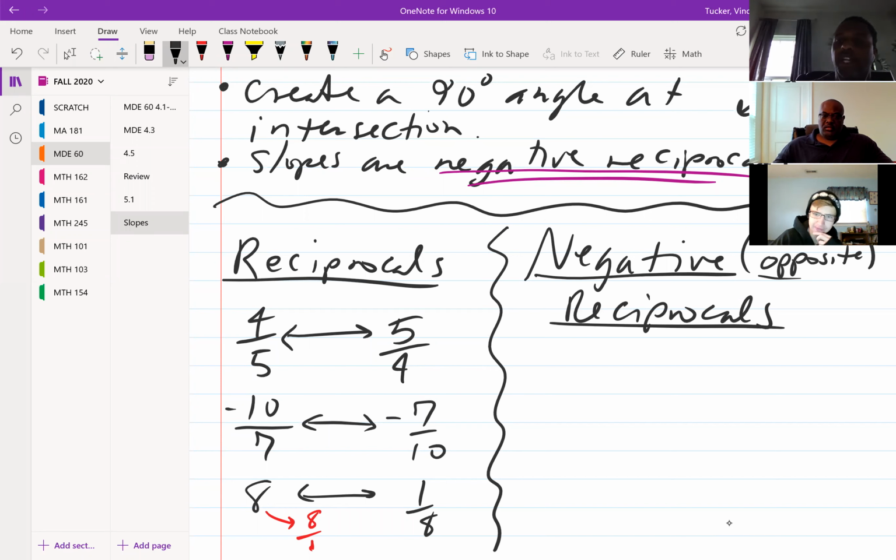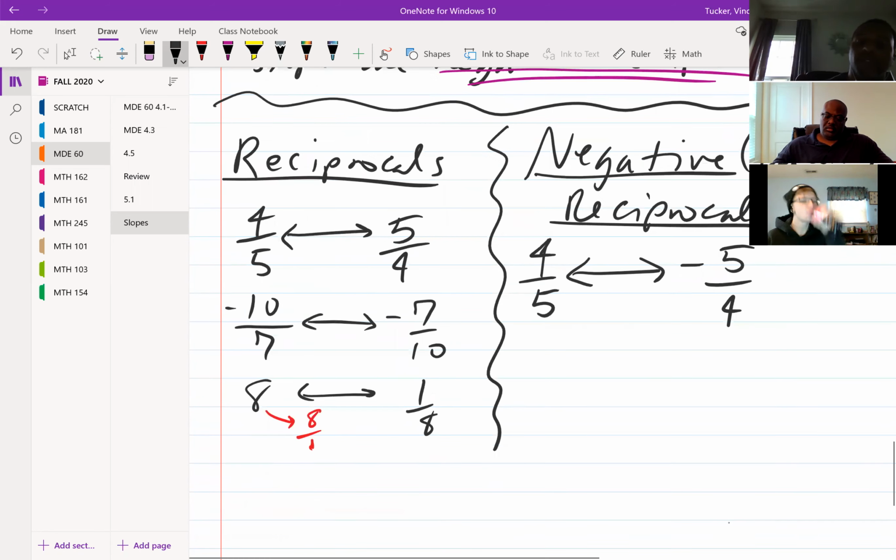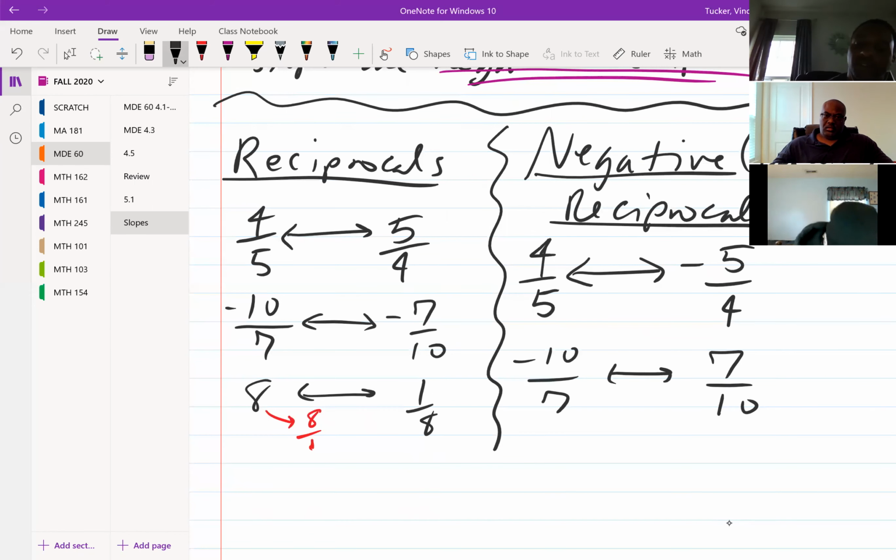All right, so now negative reciprocals, which is what we want for slopes of lines that are perpendicular. Another word for negative in mathematics is opposite. So you want to flip your fraction and have the opposite sign. The negative reciprocal of 4/5 will be negative 5/4. The negative reciprocal of negative 10/7 will be positive 7/10.